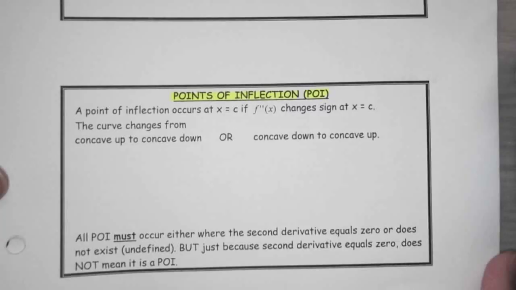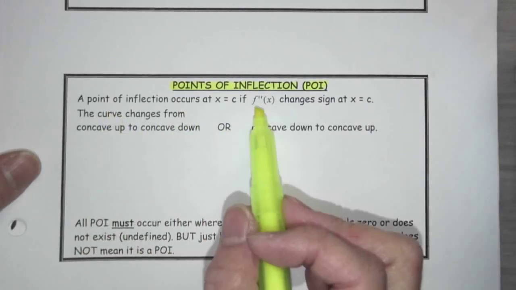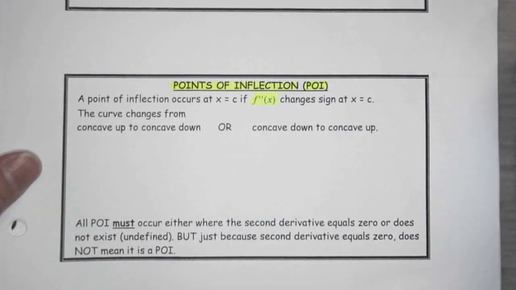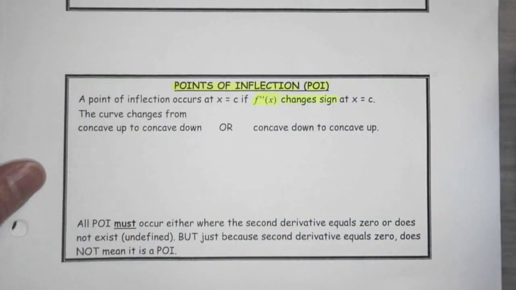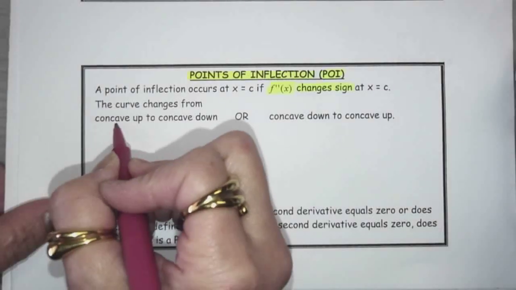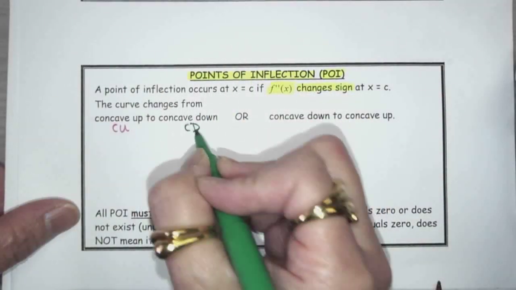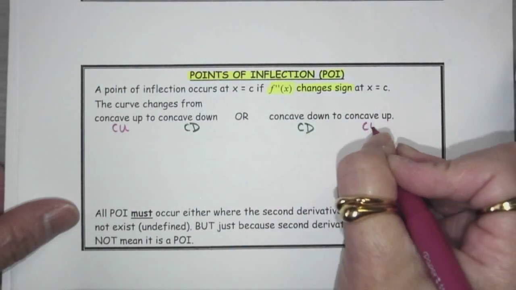So a point of inflection is when the second derivative, right, so all this concavity stuff and points of inflection comes from the second derivative, has to change sign. So it has to go from concave up to concave down, or from concave down to concave up.